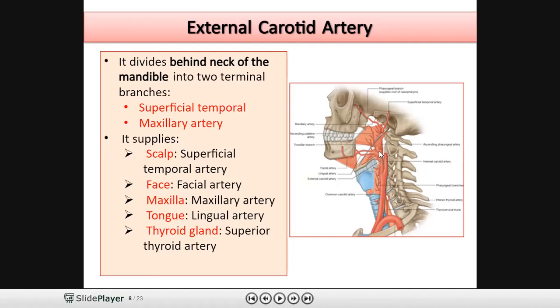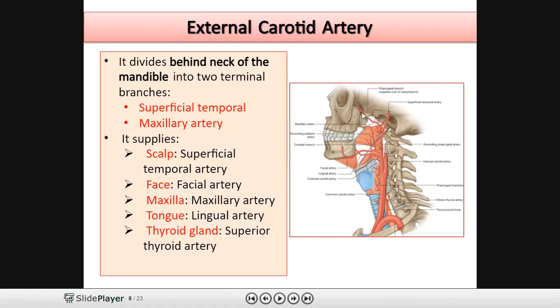This external carotid artery gives off a lot of branches, okay? And then it terminates, now watch this, it gives off two terminal branches, which are the maxillary artery. So this one coming to the maxilla is the maxillary artery, which is a terminal branch. Terminal branch means end branch. It terminates.